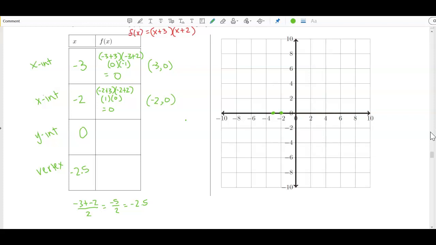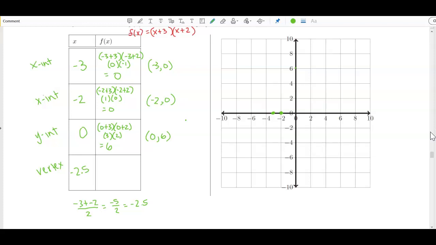All right, and then if I put 0 in place of my x's, I get 0 plus 3 times 0 plus 2. So 0 plus 3 is 3, and I got 2 there. So that gives me 6. So another point is 0, 6. So that would be over 0, up 6.